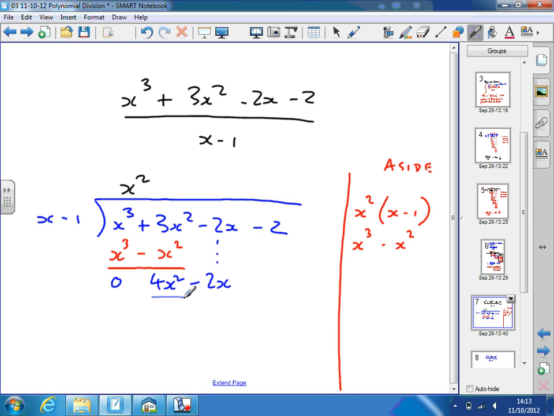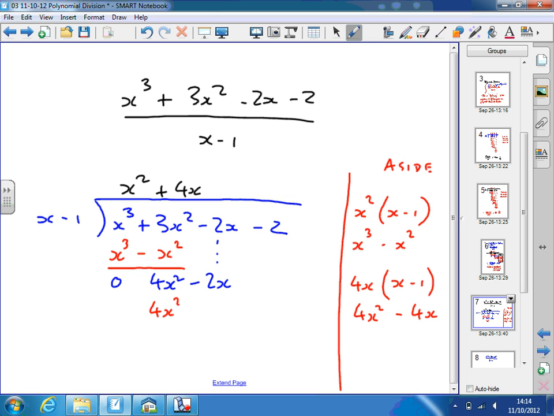Positive 4x, so that's plus 4x. So what do we do now? Right, to work out what that actually gives us, 4x times x minus 1, which is? Right, so that's our remainder.